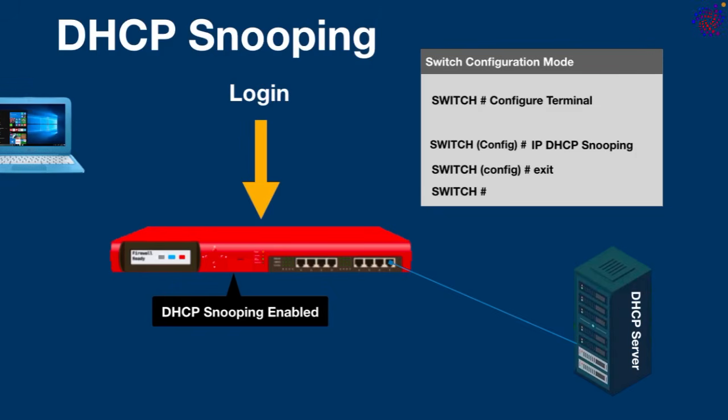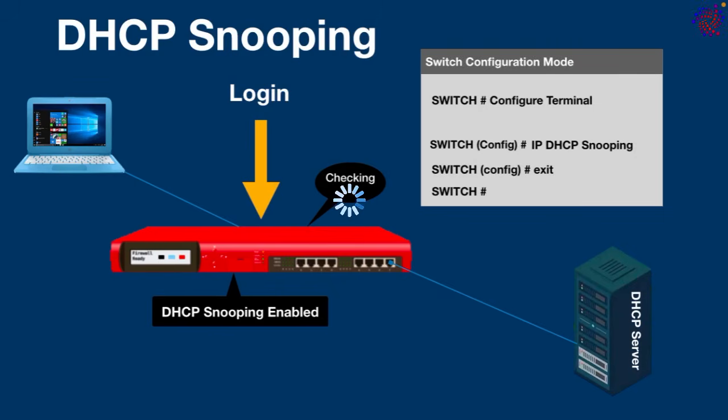Now, when a device joins the network and sends a DHCP request, the real DHCP server replies. At this point, DHCP snooping checks if a DHCP response, such as offer or acknowledgement, comes from a trusted port. If it does, it is allowed. If a DHCP response comes from an untrusted port, it is blocked.